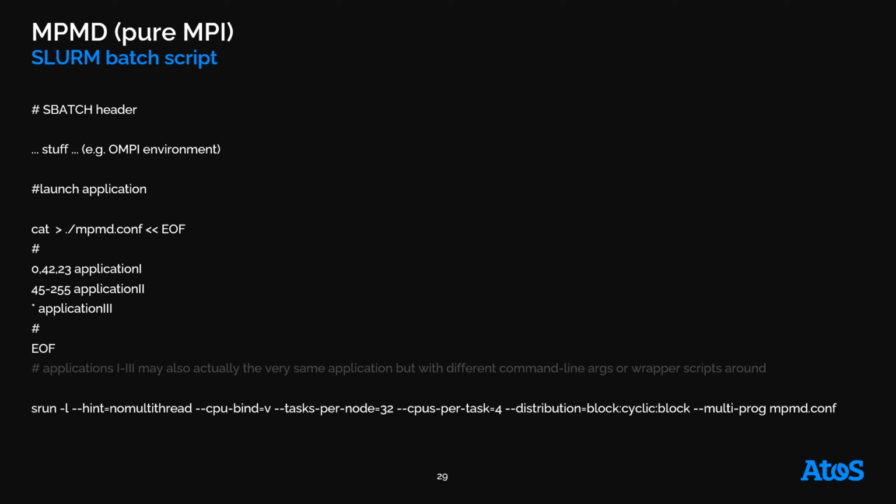This can also be used to actually run the very same application, but with a different environment. Likewise, if you want to have different OpenMP num threads for certain ranks or something like that.